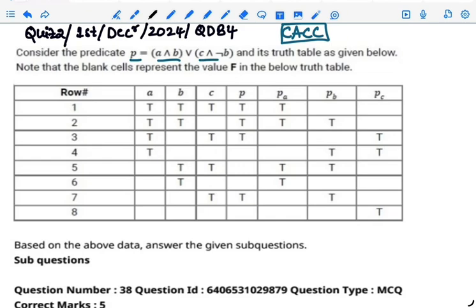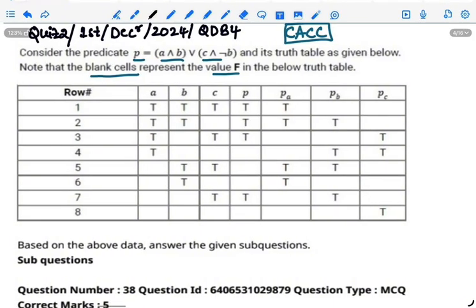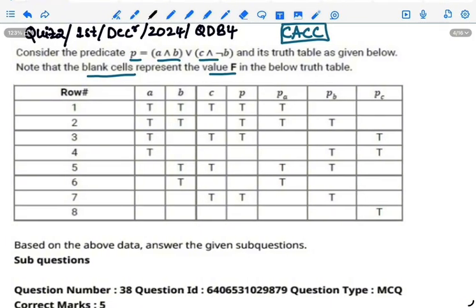Sometimes they won't give a truth table, you can find it from the predicate. In this question they mention the truth table also. Note that the blank cells represent the false value in the below truth table. In this truth table the row numbers are 1 to 8, and 3 clauses A, B, C, and P is the predicate.